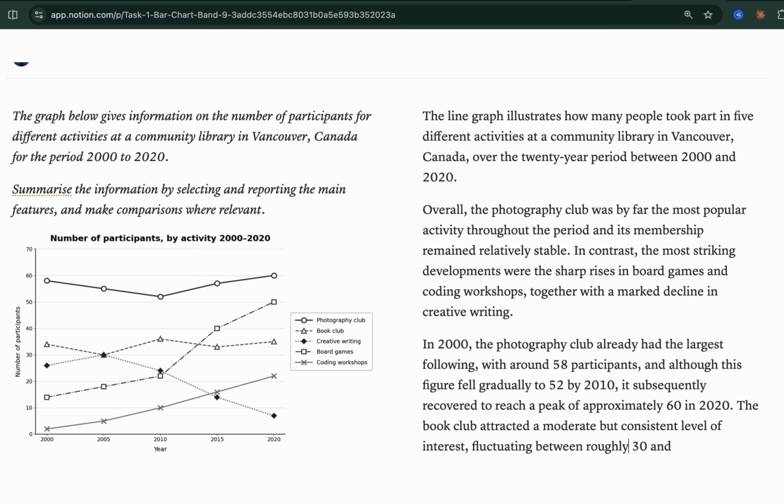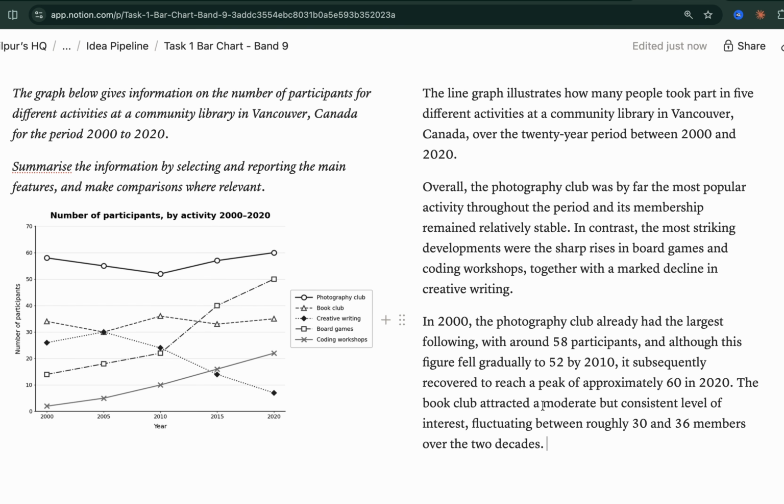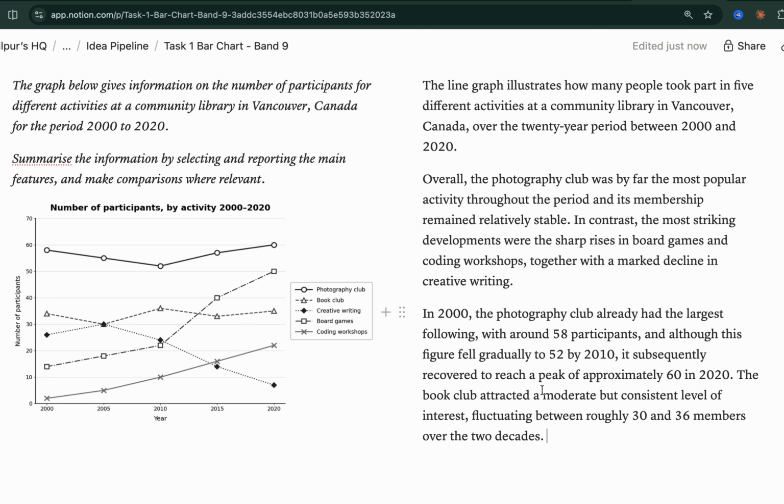So roughly 30 to 36 members over the two decades, right? Now, I already have mentioned a sentence. I've written a sentence about the book club.